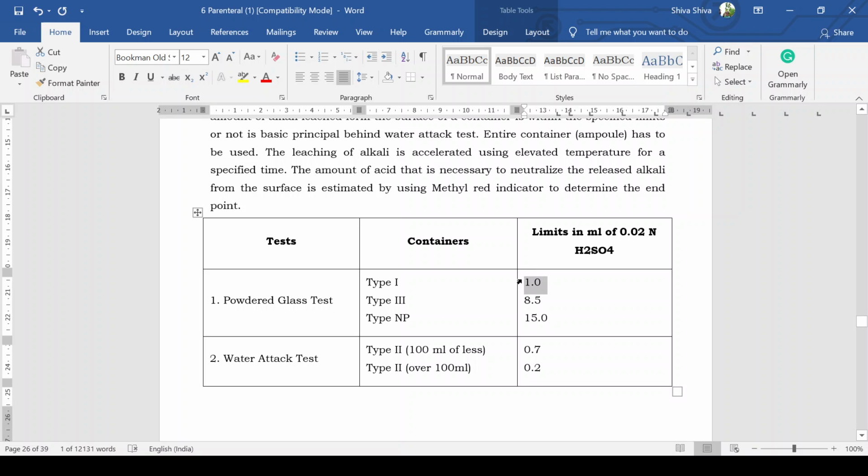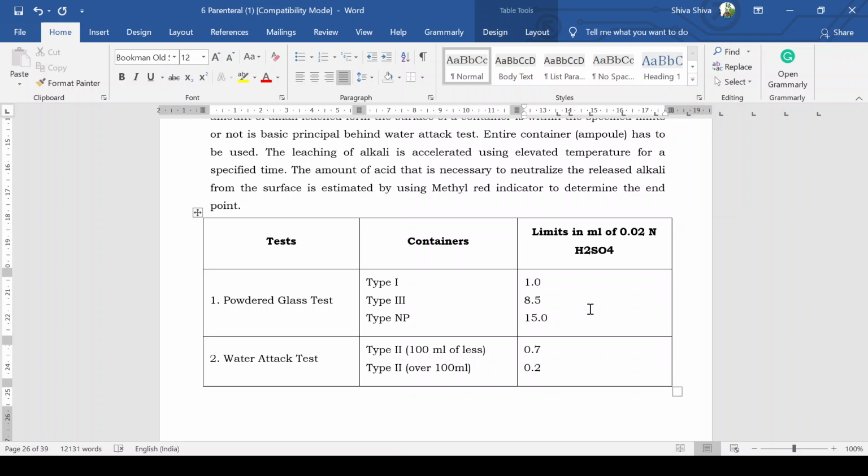And if the amount of 0.02 normal acid H2SO4 is more than 1 ml, then we can say that powder glass test failed. In case of type 3 container, 8.5 ml, and in case of type NP, that is non-parenteral, it is 15 ml.